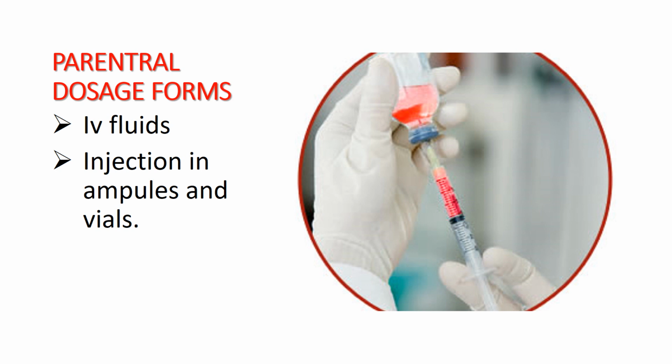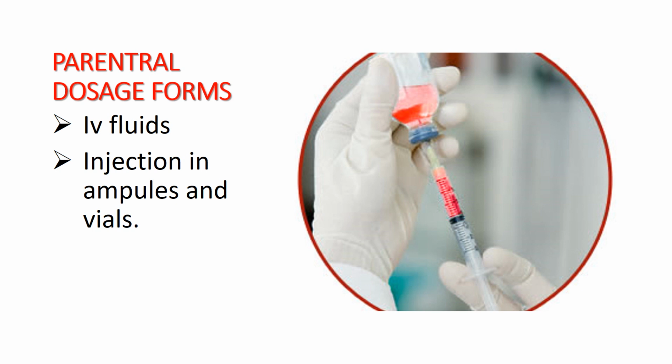Here, the dosage forms include large parenteral and small parenteral dosage forms. Large parenterals are our IV fluids. There are different kinds of IV fluids used in the casualty, the ICU and the wards. For example, one is DNS, second NS, and third RL. RL means Ringer lactate, NS means normal saline.